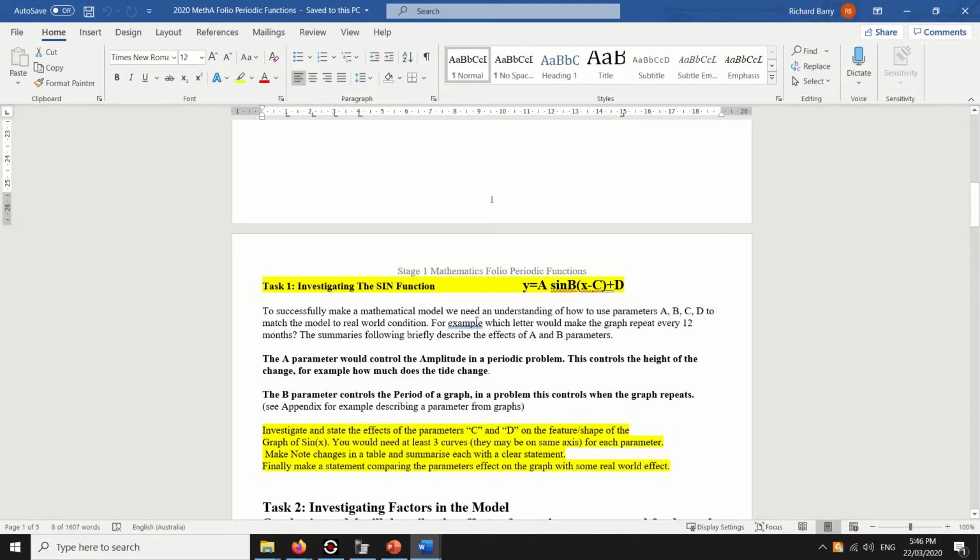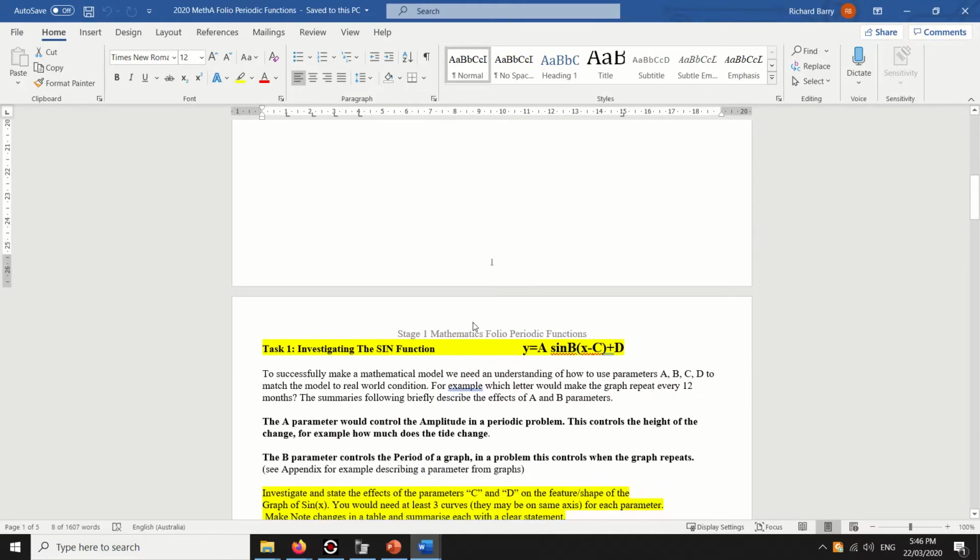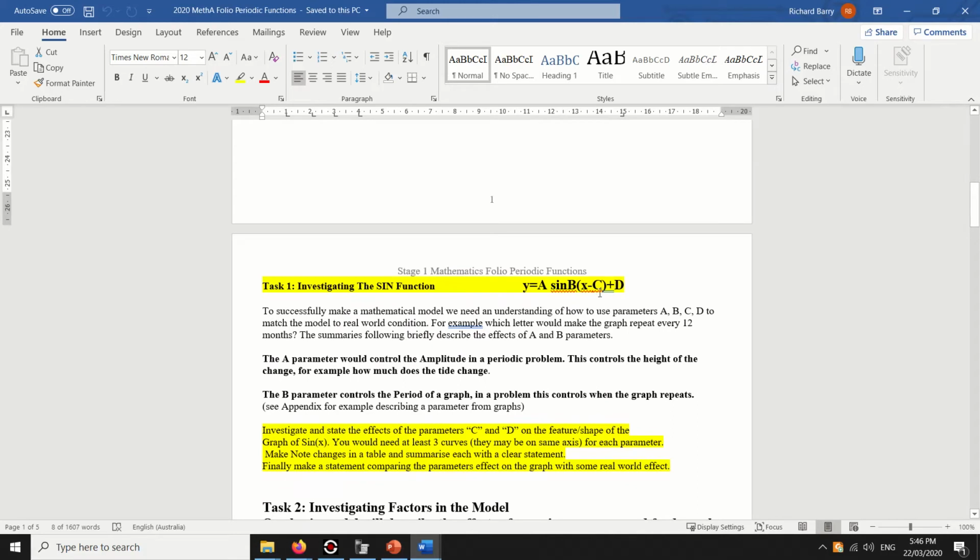In order to establish the mathematics that we're going to be involved in here, we're going to re-examine the parameters of the periodic sin function. Most students have a pretty good understanding about this function, and indeed, spoiler, it was in the test for about 2 or 3 pages.